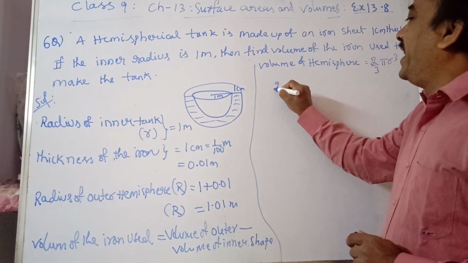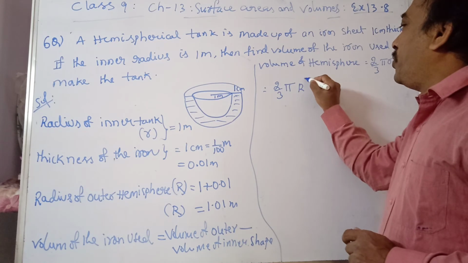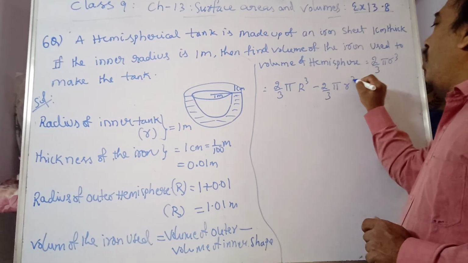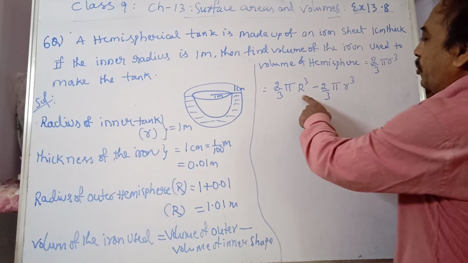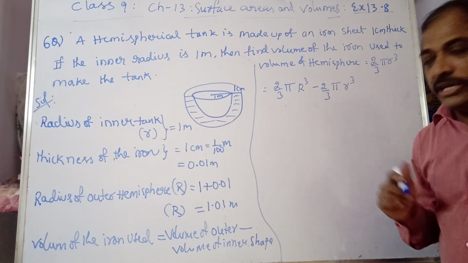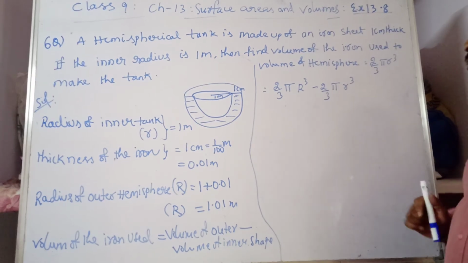So 2 by 3 pi capital R cube minus 2 by 3 pi small r cube.